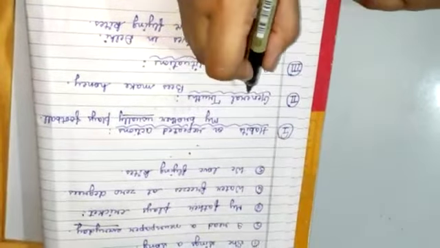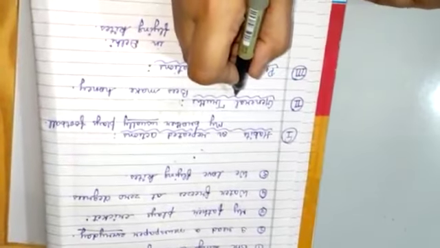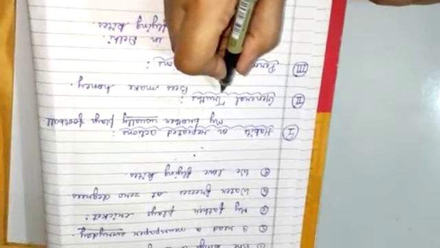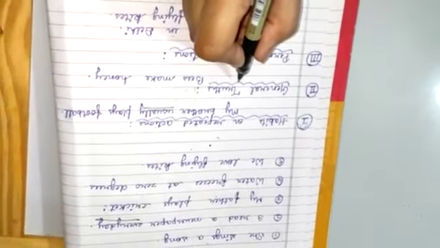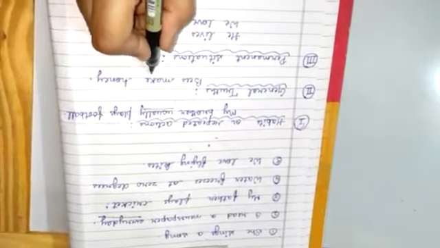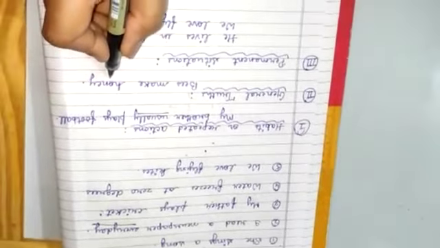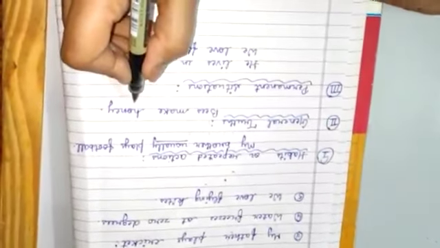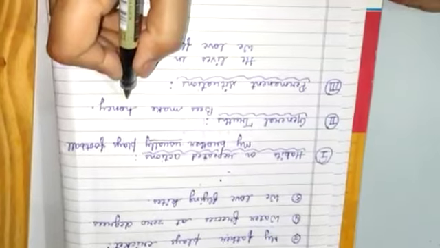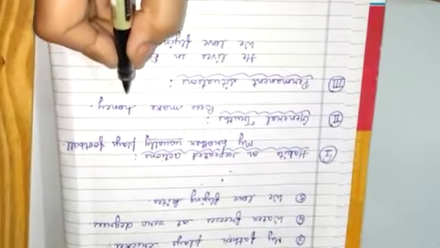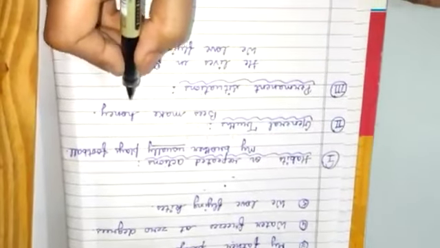Second, simple present tense is used for general truths. General truths are the facts which cannot be changed, like bees make honey. The earth revolves around the sun. The cow gives us milk. So these sentences are all in simple present tense.